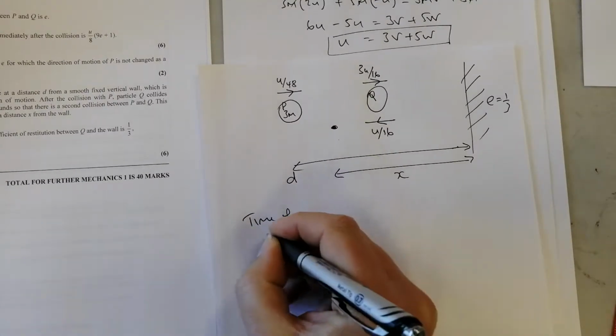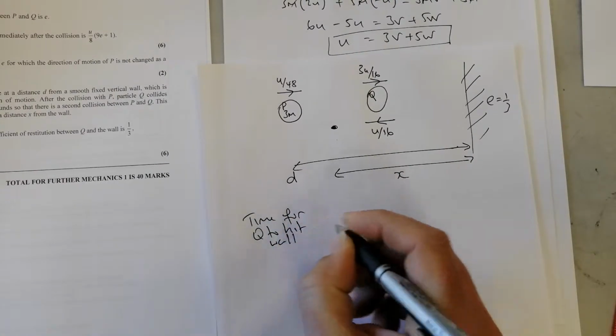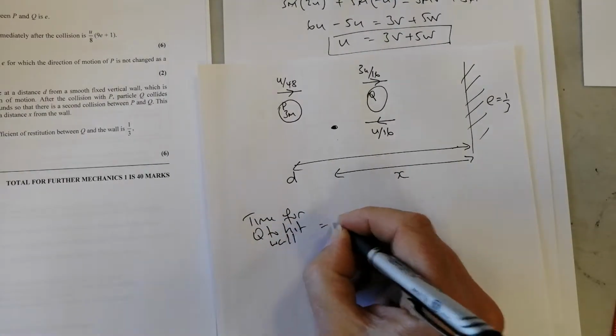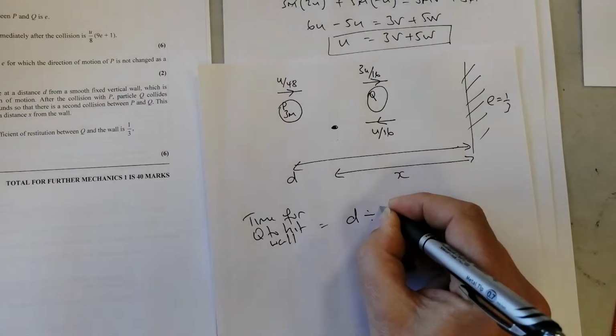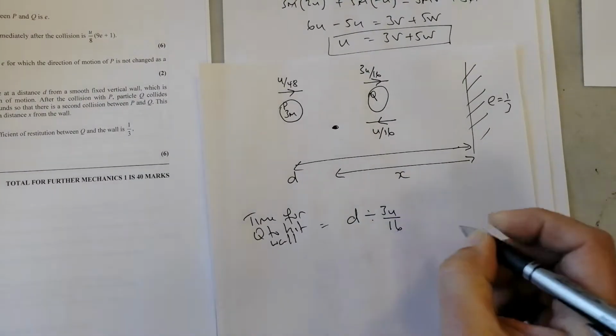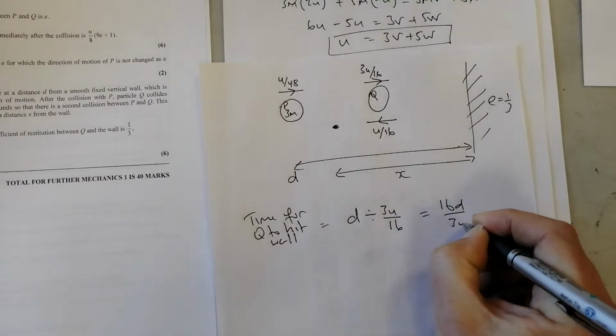So the time for Q to hit the wall is equal to how far it's got to go divided by how fast it's going, which is 16d over 3u.